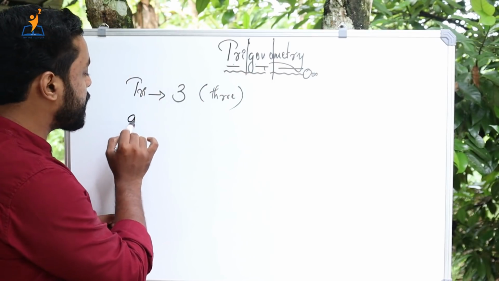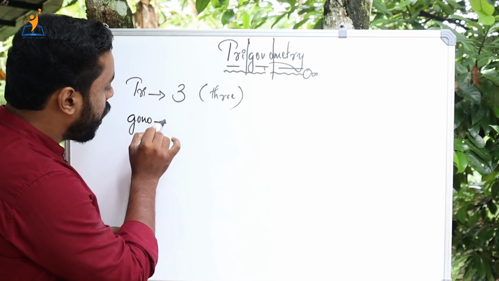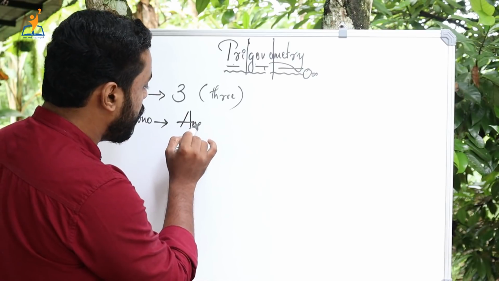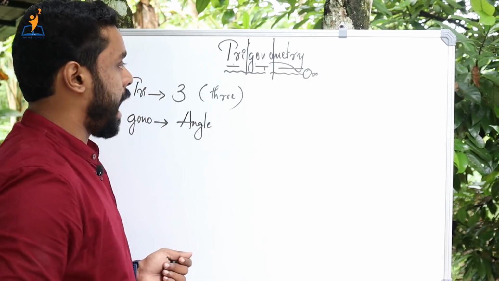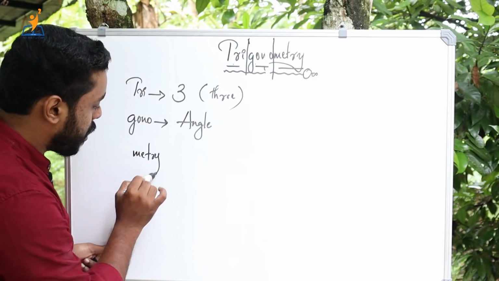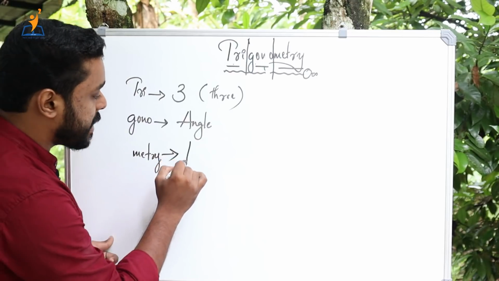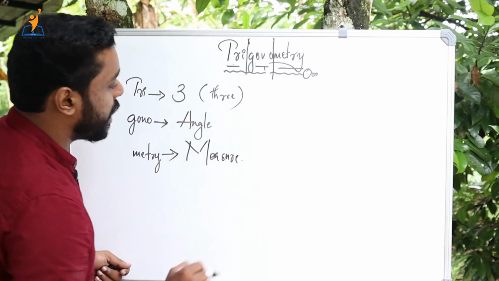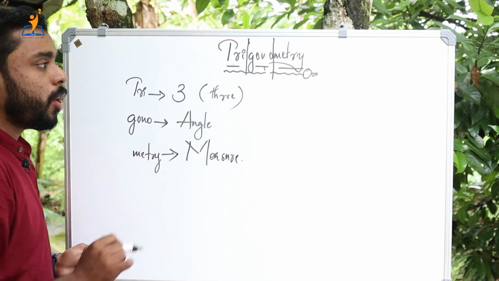Now the next word is gono. Gono is a Greek word which means angle. So the second word means angles, and the third word is metry. And metry means measure. So you can easily interpret what trigonometry is.